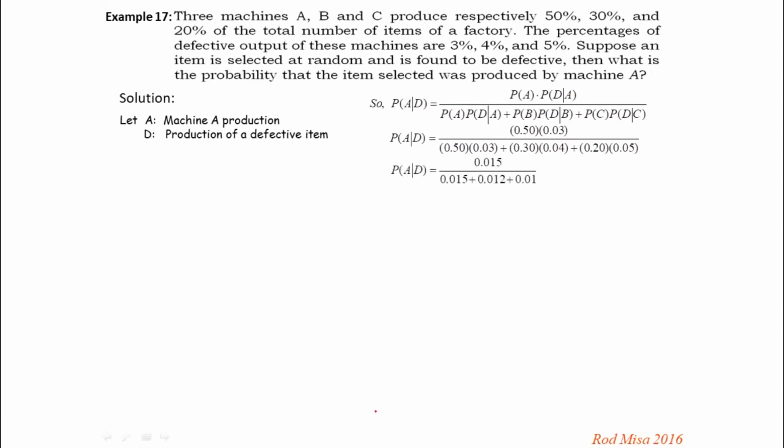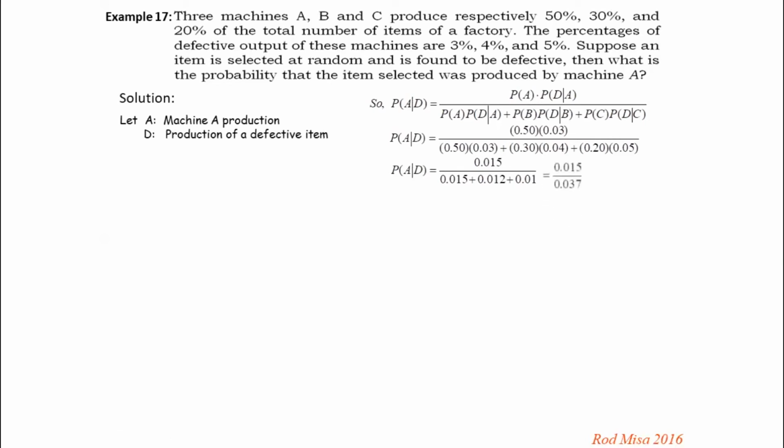We have the numerator of 0.015 and the denominator is the sum of these three products here, which is 0.015 plus 0.012 plus 0.01.